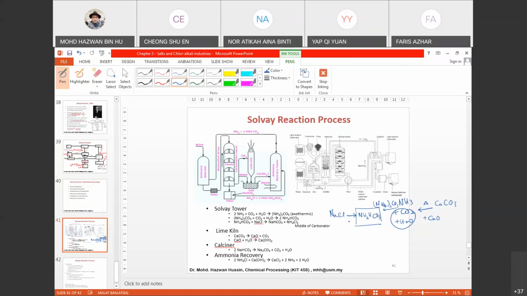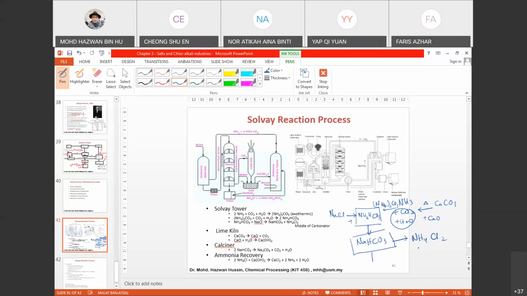Then this will react, and later on it will form sodium hydrogen carbonate. Okay. Right. So the byproduct that you will get over here is ammonium chloride.